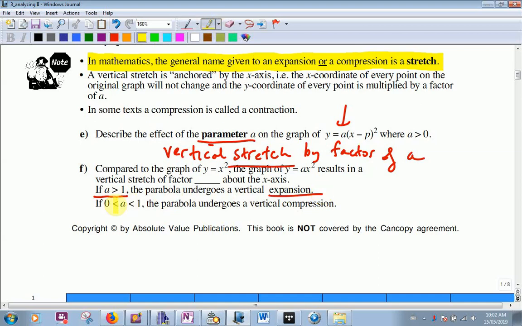And this looks a little bit odd, but does 1/2 fit in this category? Is it bigger than 0, less than 1? Yes. Can you think of another proper fraction that fits in this category? 3/4, a quarter, okay, 2/3. Those are all proper fractions. They all fit in this category.